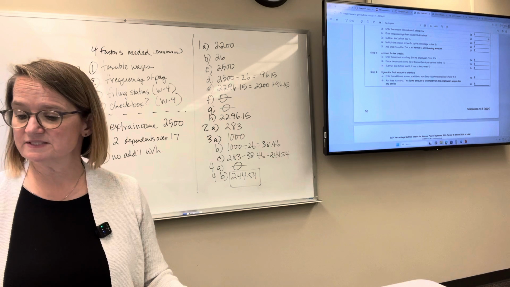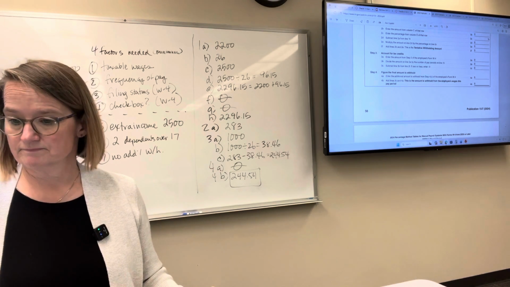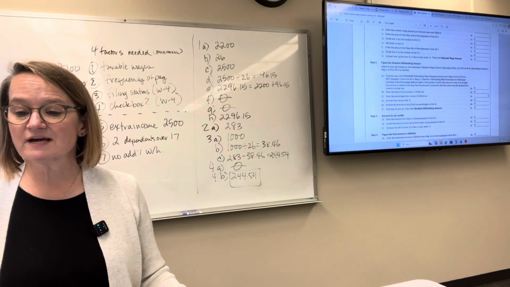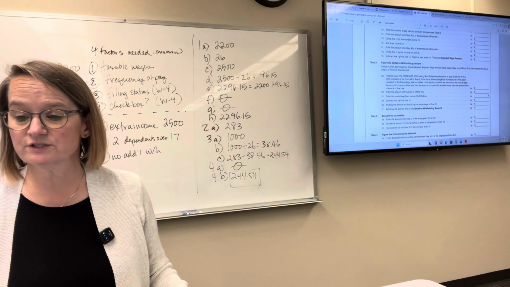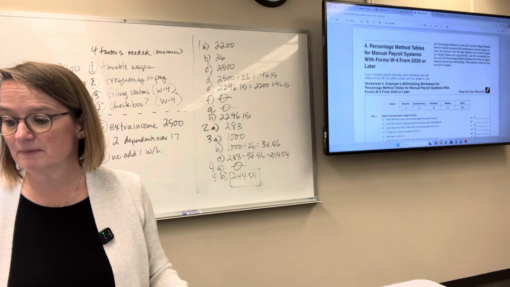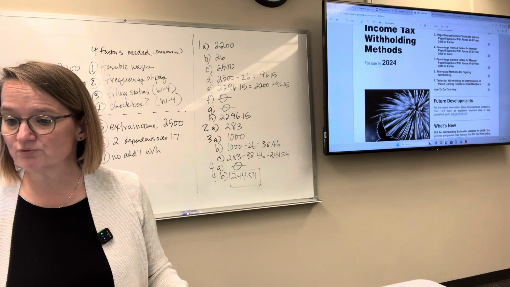So are you on page 56 of that 15T? Yep. There are several of these worksheets in there, so be careful that you're in the right section. My best advice is to just jump right to it.